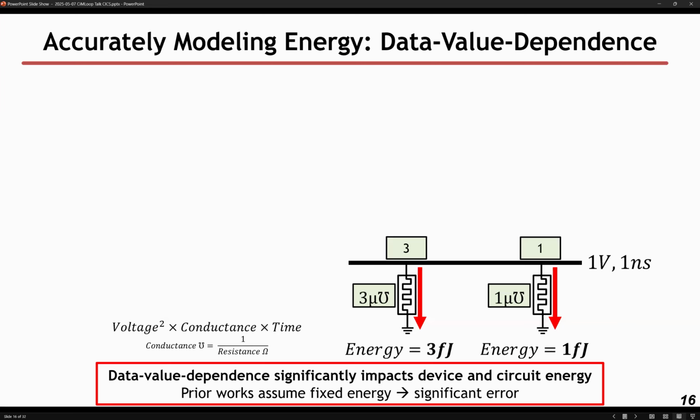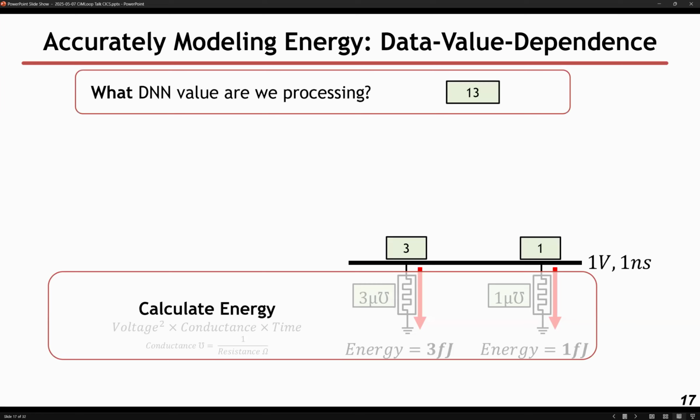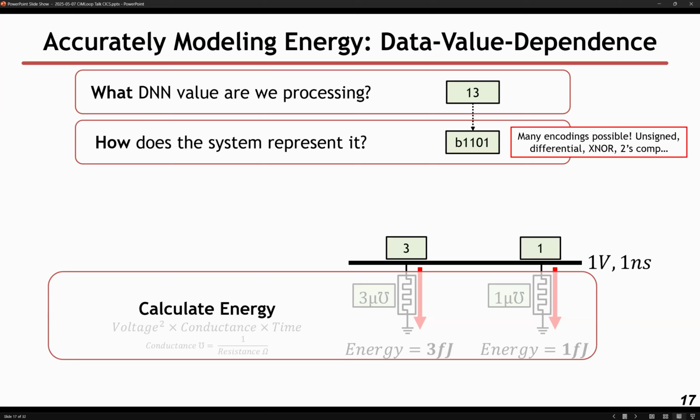In order to accurately model data value dependence, we will answer a few questions. The first one is, what DNN value are we processing? What value, here, it'll be one from the weights, is being programmed into these devices. Next, how is the system going to represent these values? DNNs and systems don't actually look at values, they look at the bits in values.